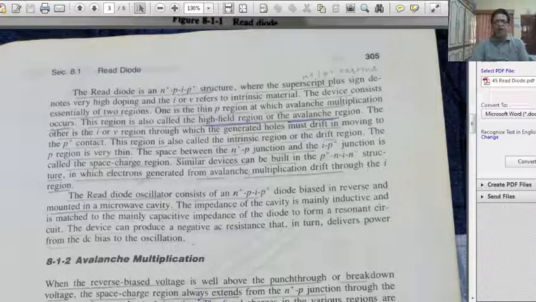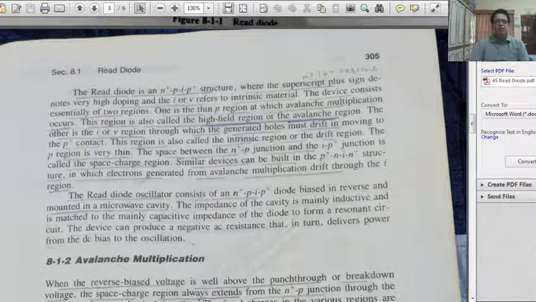This I region is known as the avalanche multiplication drift space.